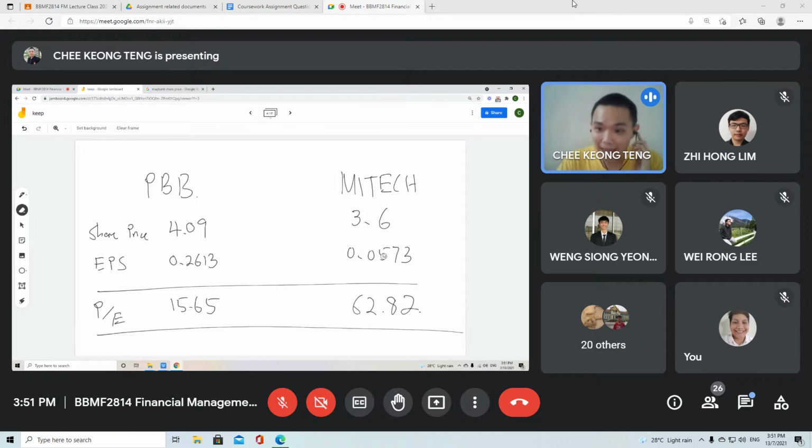Then the share price should be very, very low. It should be quite similar to this one, also 15.65. So which means that the share price should be only 0.0573 times 15.65. The share price should be only 0.90. If our market is in weak form, this should be what happened.